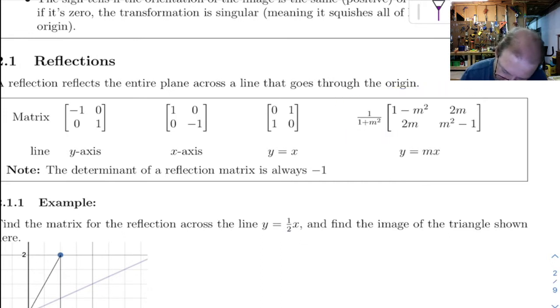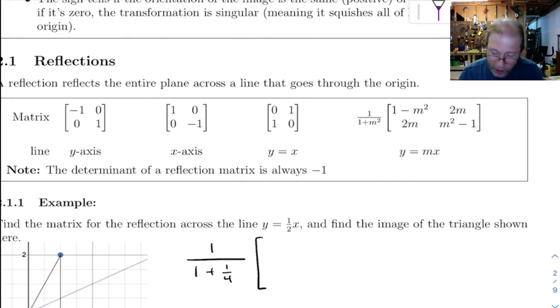So to get the matrix, we get 1 over 1 plus a half squared. Half squared is a fourth. Then 1 minus a half squared is going to be 1 minus a fourth. This down here, that's a fourth minus 1, so that's negative 3/4. And the other two corner entries, 2m and 2m, that's 2 times a half, so those are both 1.